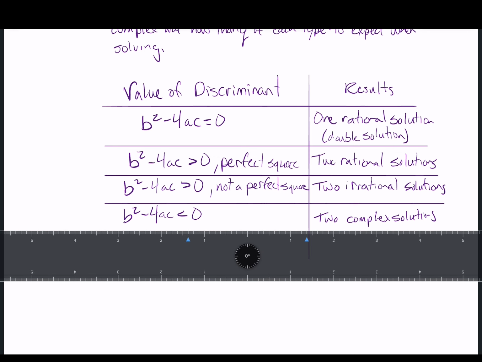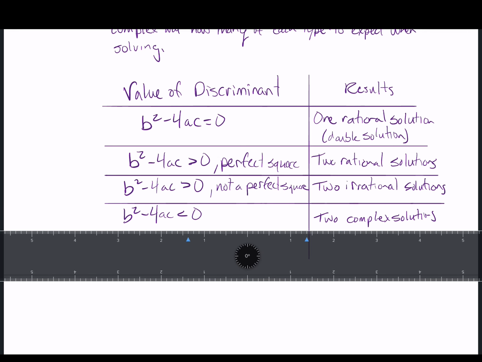Using the discriminant, let's do an example and find the number and type of solutions of the equation 3x squared minus 5x minus 2 equal to 0. So what we need to determine is the value of b squared minus 4ac. Well, our b in this case is negative 5 squared minus 4 times a is 3 times c is negative 2.